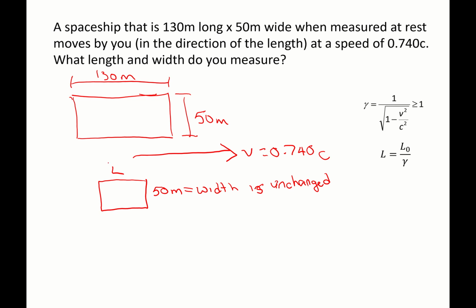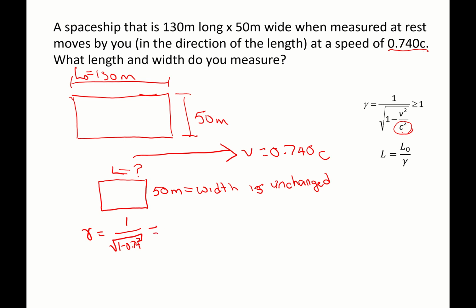So what's the new length? Well, remember, when it's measured at rest, that's L0. So we know L0 is 130. We need to find L. And in order to do that, we have to figure out our gamma. So remember, when we have our speed expressed as 0.74 c in terms of c, then gamma is just 1 over the square root of 1 minus 0.74 squared, because the c in the v and the c in the denominator of the gamma equation cancel out.